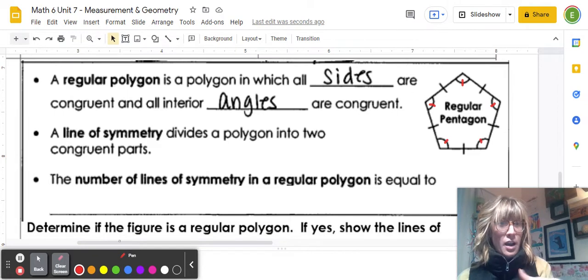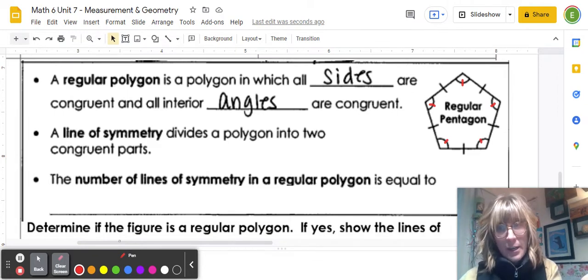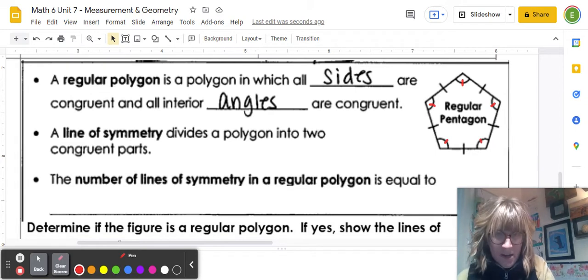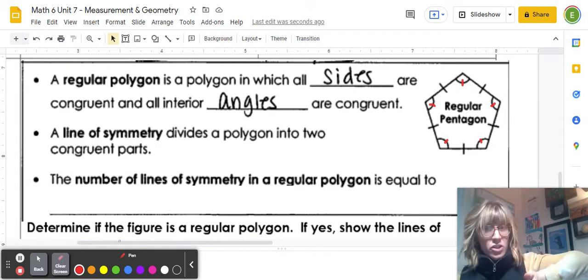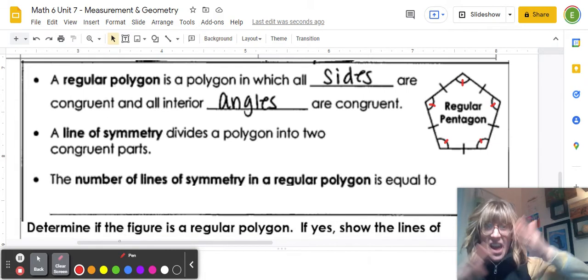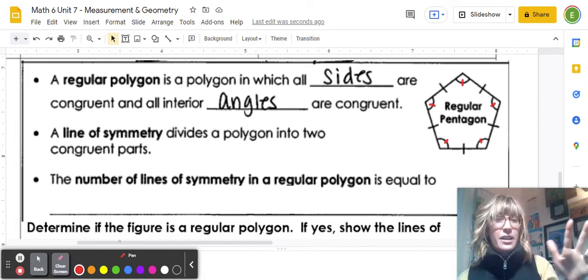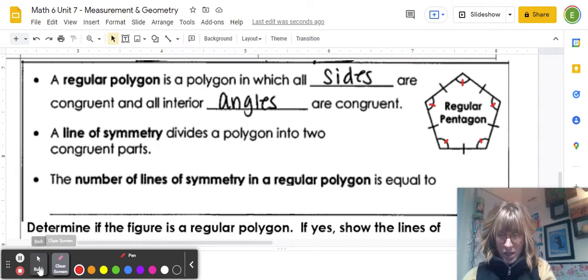When you have a regular polygon like this regular pentagon right here, something pretty cool is that a line of symmetry divides the polygon into two congruent parts. This is true for every regular polygon. It feels like a little bit of a math magic trick.